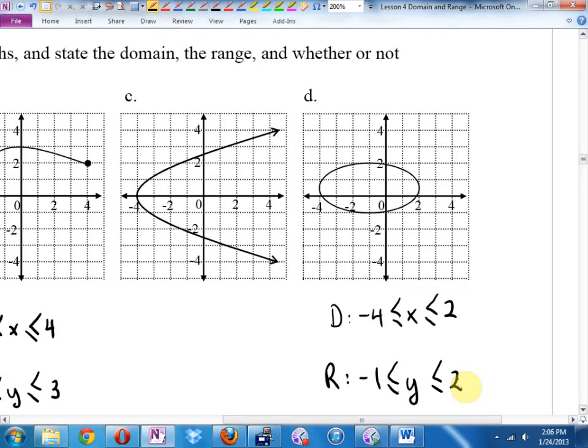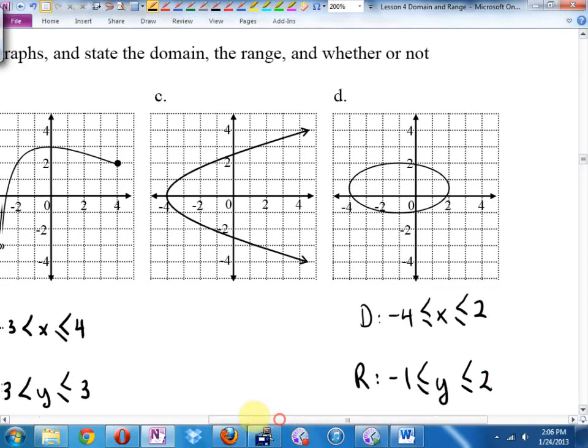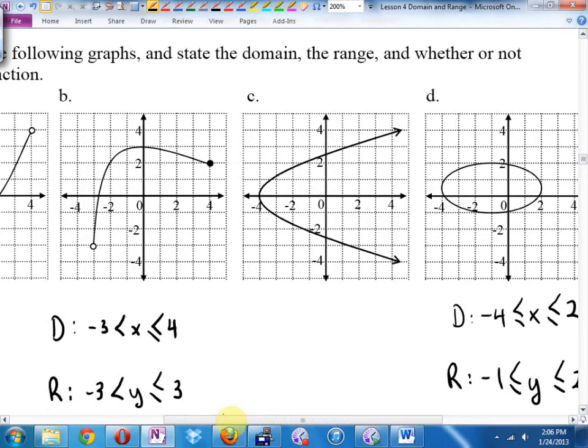C is a bit weirder. How far left does this graph go? -4. Don't write that down yet. Touching? Yeah, it is touching at -4. How far right does this graph go? Are there arrows on the end of this graph?